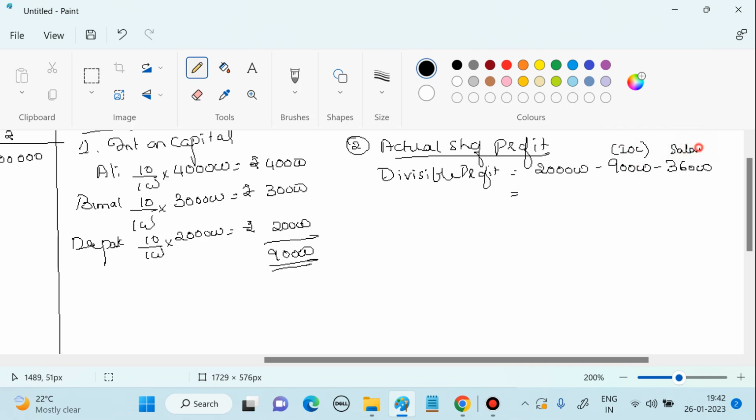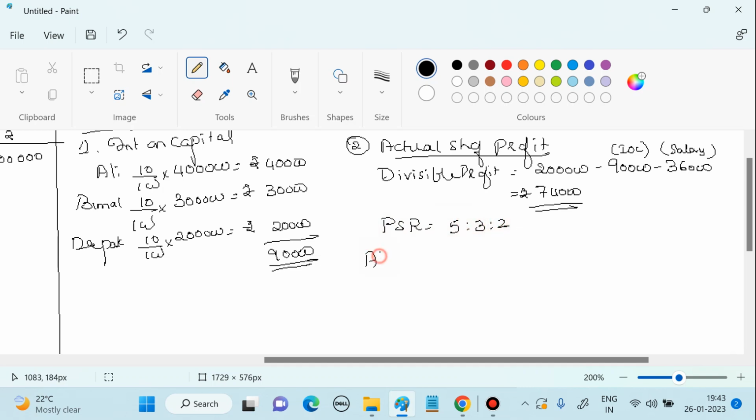How much is left? 1,26,000 from this means 74,000 is the divisible profit. This is the profit which has to be divided in the profit sharing ratio. Have they given the profit sharing ratio? It is 5:3:2. The profit sharing ratio is 5:3:2.